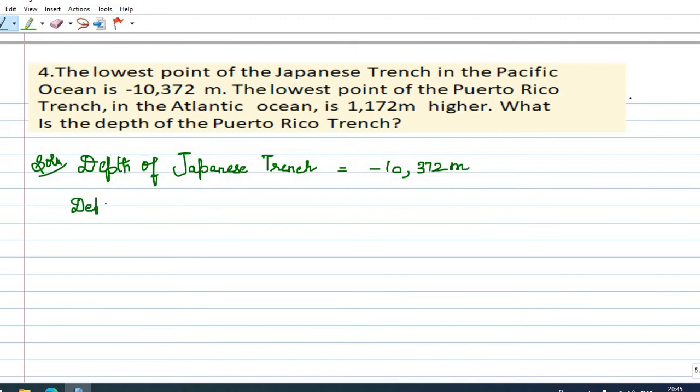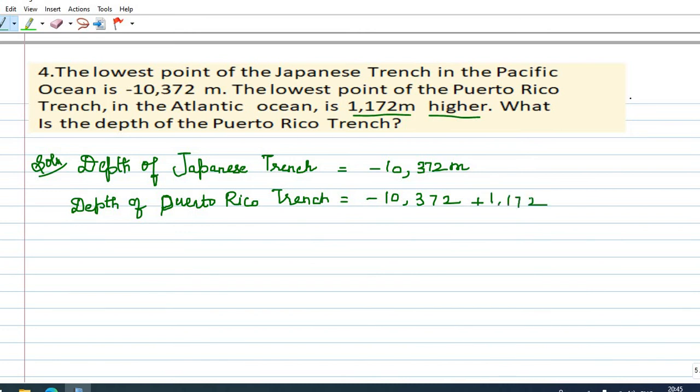Now I am going to find out the depth of Puerto, P-U-E-R-T-O, Puerto Rico Trench. Because what is given in this? Higher. So I am going to add this to 1172. See, alternate signs. So I am going to subtract this.